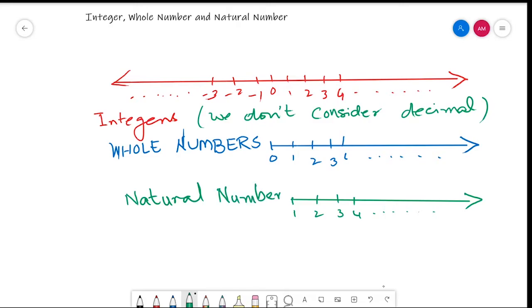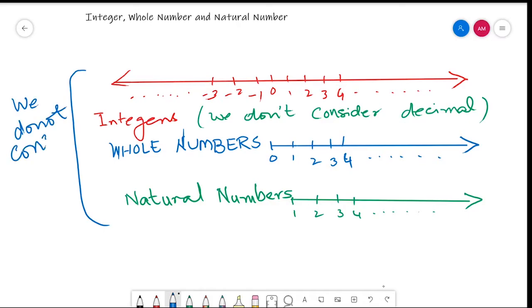So if you see, the whole numbers are actually natural numbers but with the inclusion of 0, while the integers are the numbers also including the negative numbers. And in all three types of number lines, integers, whole numbers, and natural numbers, we do not consider decimals.